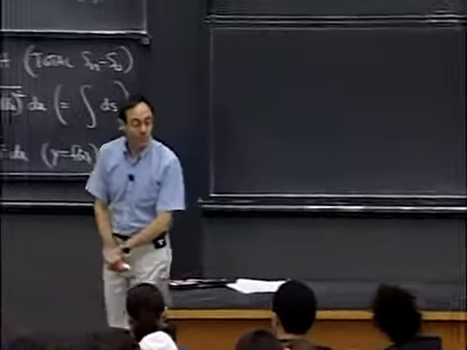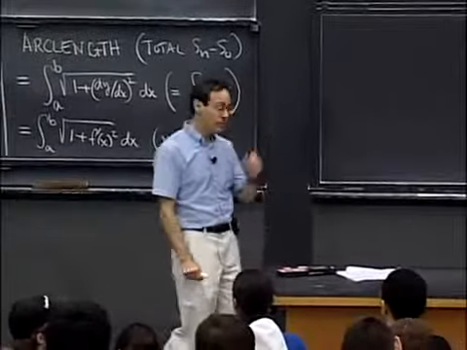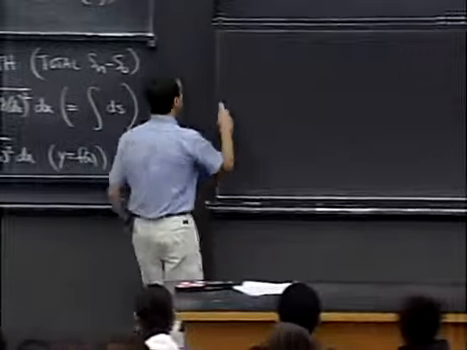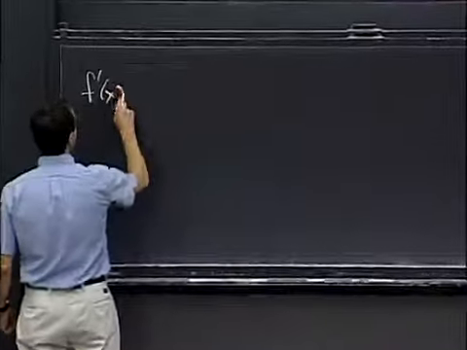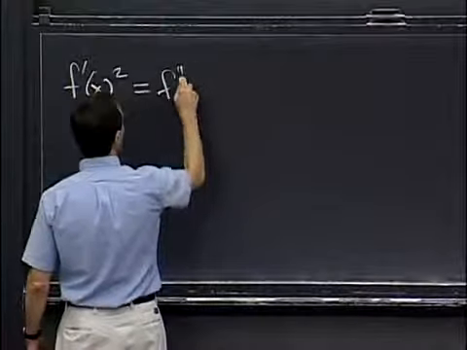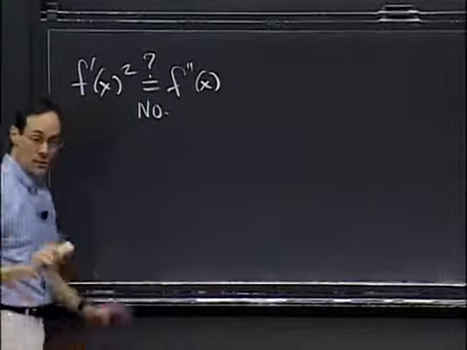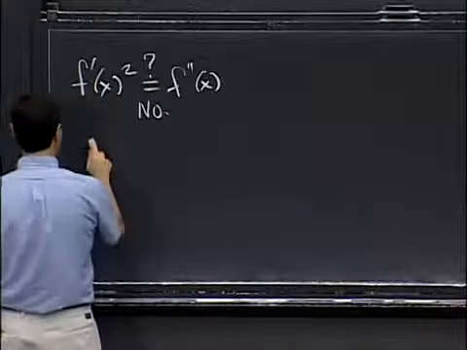Yeah, question? When it says f prime of x squared, is that supposed to be the same as f double prime of x? OK, the question is, is f prime of x squared equal to f double prime of x? And the answer is no. Let's just see what it is.